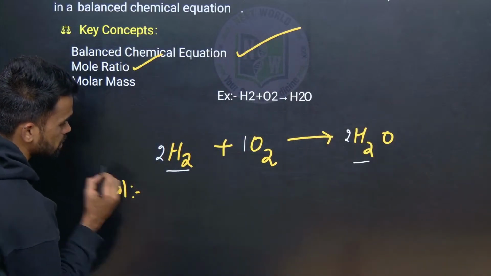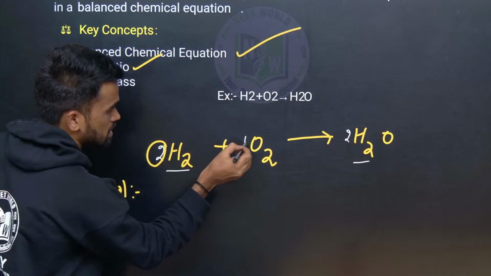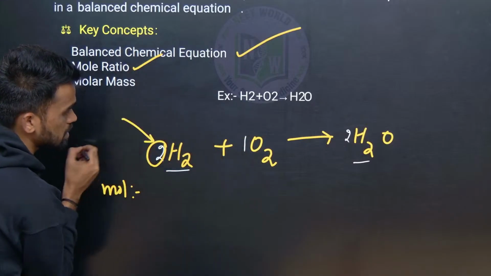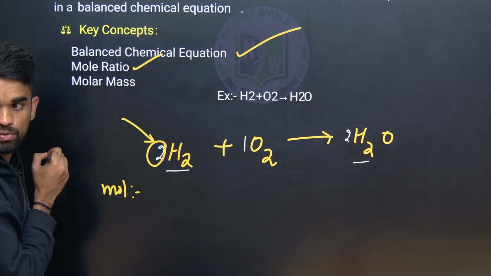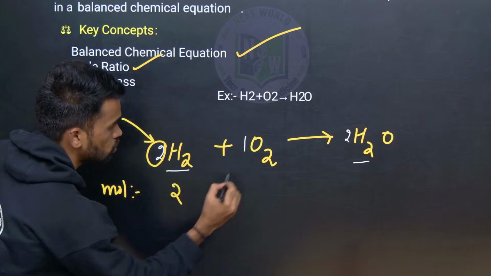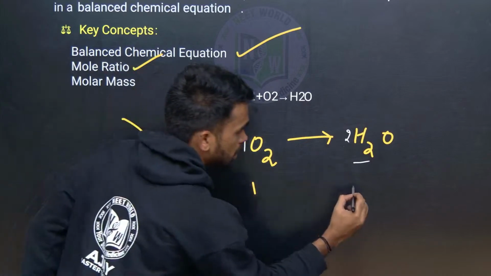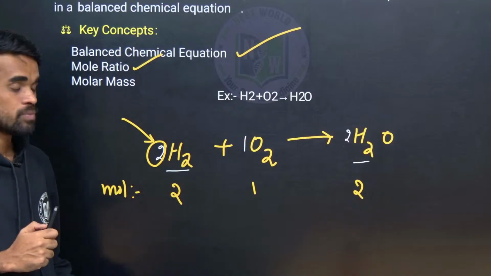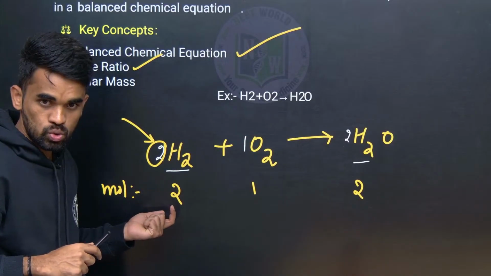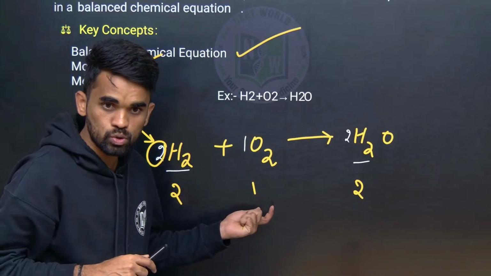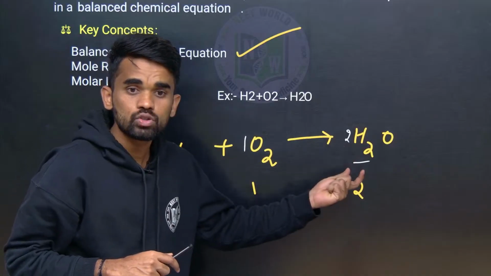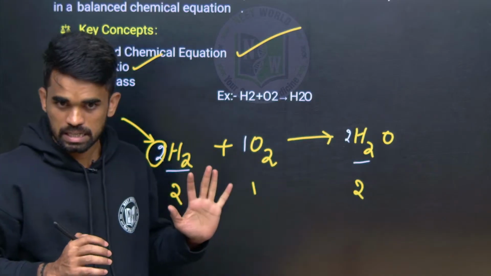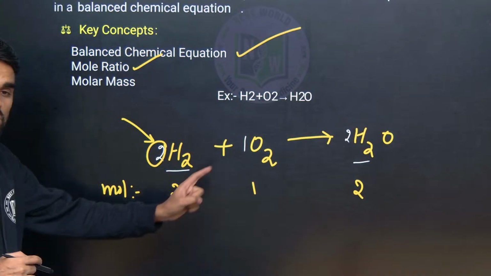The mole ratio is nothing but the stoichiometric coefficients: 2, 1 and 2. It means 2 moles of H2 combining with 1 mole of oxygen forms 2 moles of water. Is that clear? This is about the mole ratio.